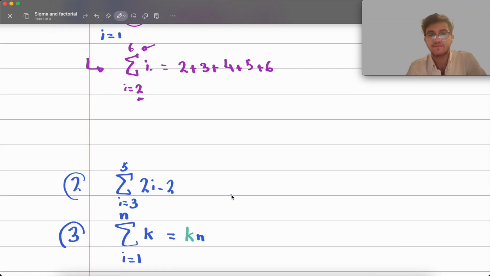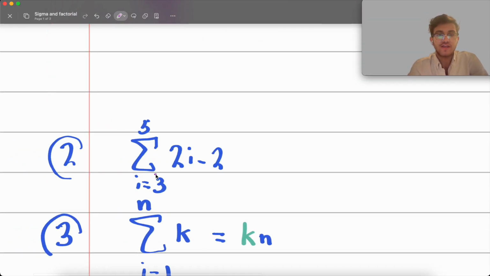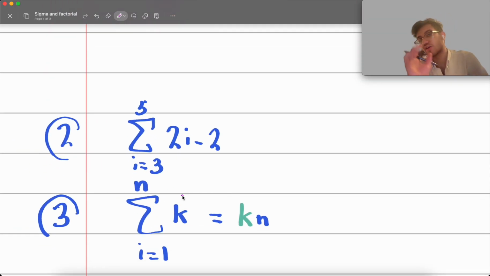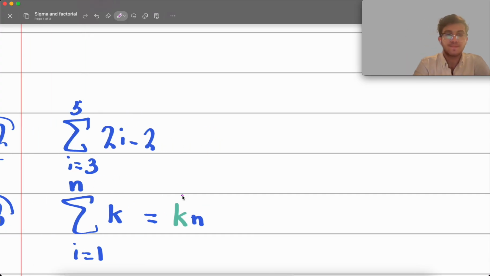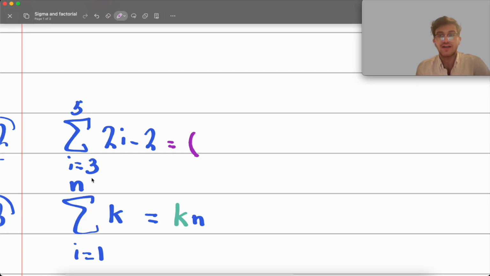Let's see another example. This one right here, 2i minus 2, starting from 3 up to 5. This would be plugging the iterative i into this one and adding 1 until you get to the upper bound, which is 5.